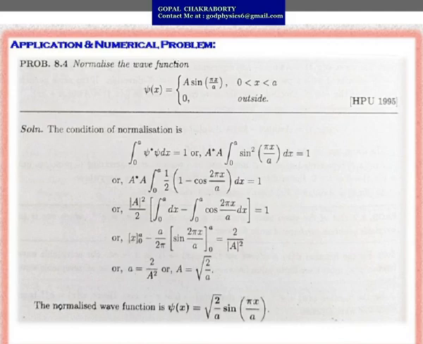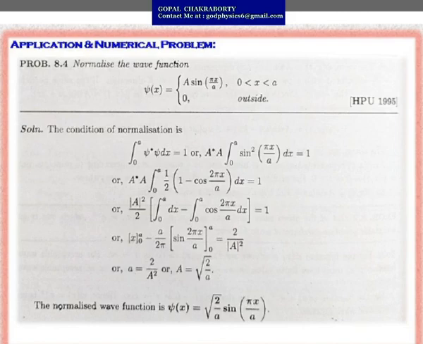As it is not a normalized wave function, you multiply the wave function with an unknown constant, that is A. After multiplying by A, you will get a normalized wave function. So you substitute the value, you will get A star A integration 0 to a sine square pi x by a dx is equal to 1.